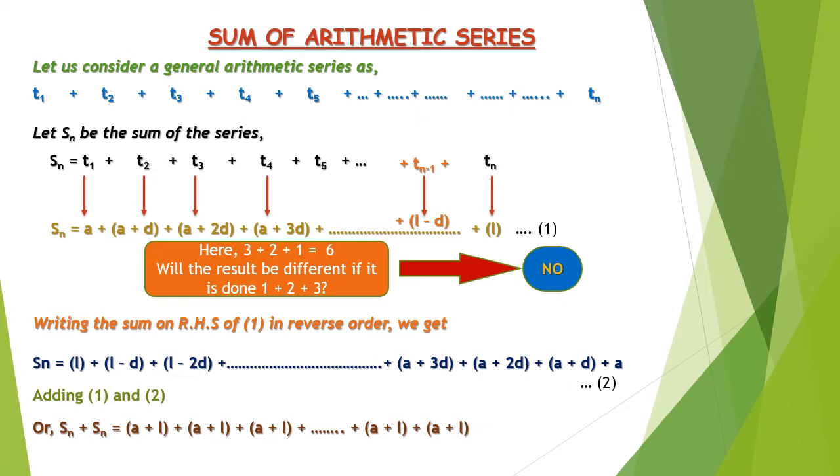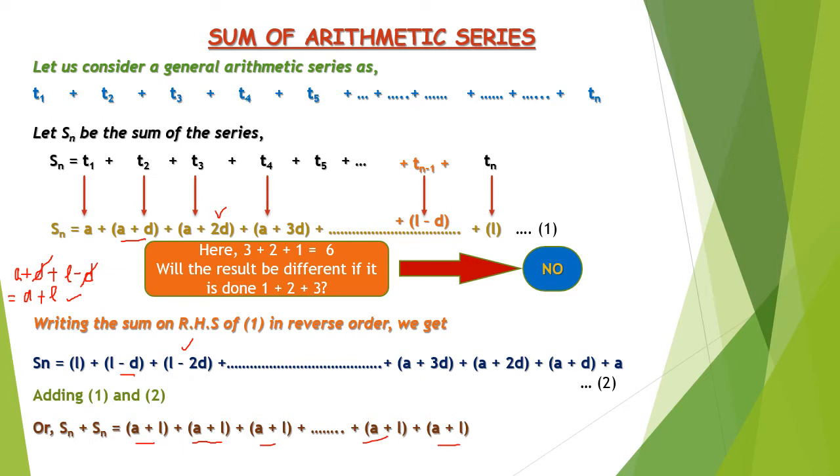The sum of A plus D plus L minus D, D will get cancelled and our sum will be A plus L. Add this and this, you will get the same result, A plus L, A plus L, and A plus L. So the result will be A plus L.